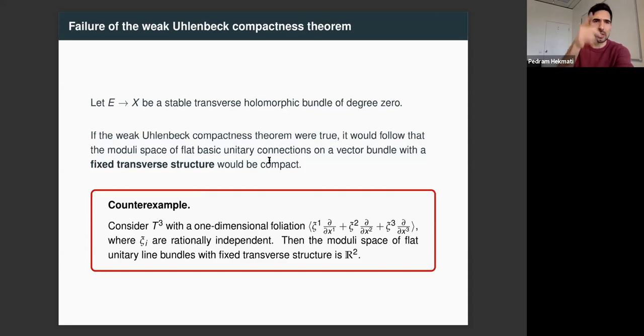So in particular, the weak Uhlenbeck compactification theorem fails for a fixed transverse structure. So you cannot find a sequence of basic connections uniformly bounded in any Sobolev norm, such that you can find a convergent subsequence.